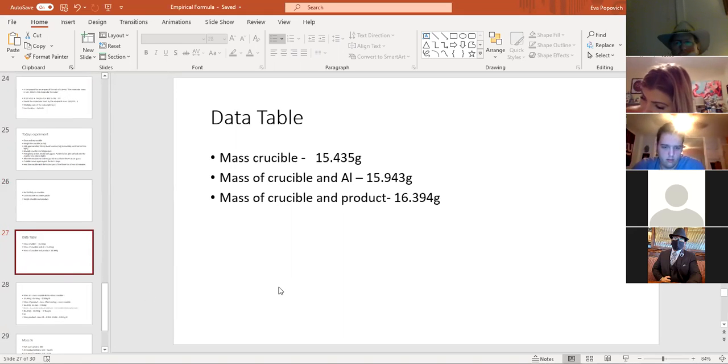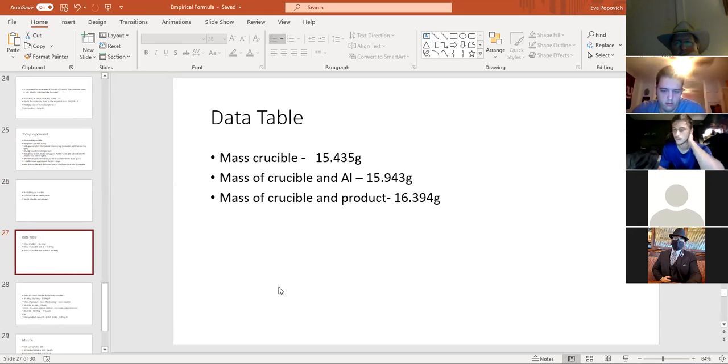Is it just from the crucible or the crucible and the magnesium strip? Okay, let's look at this. Instead of magnesium, I did this experiment with aluminum. I weighed my crucible to begin with. It weighed 15.435 grams. I put my aluminum in there and it weighed 15.943 grams.